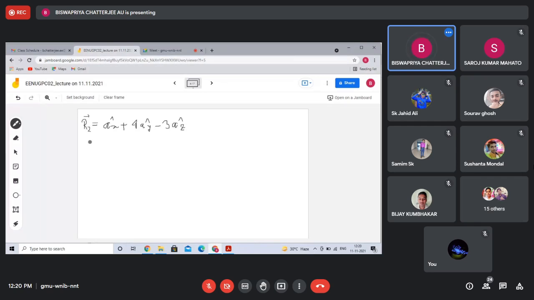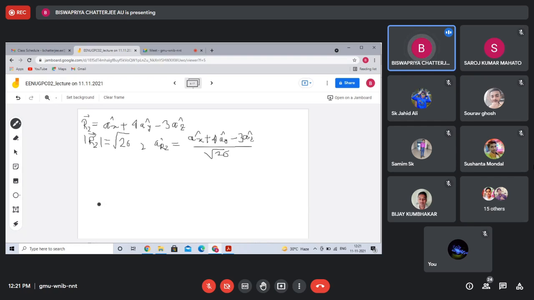So its magnitude is 1 plus 16 plus 9, 26, root 26, and its unit vector is AX cap plus 4AY cap minus 3AZ cap by root 26. So it is all about the distances.